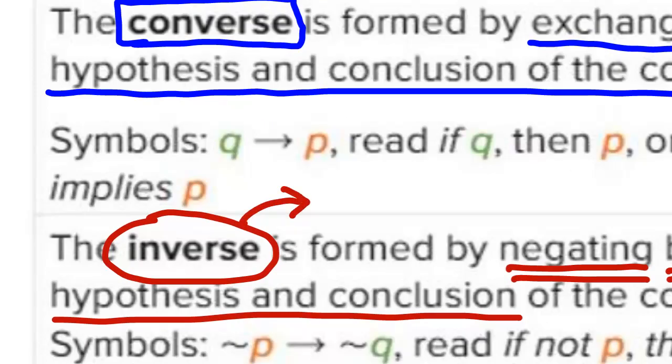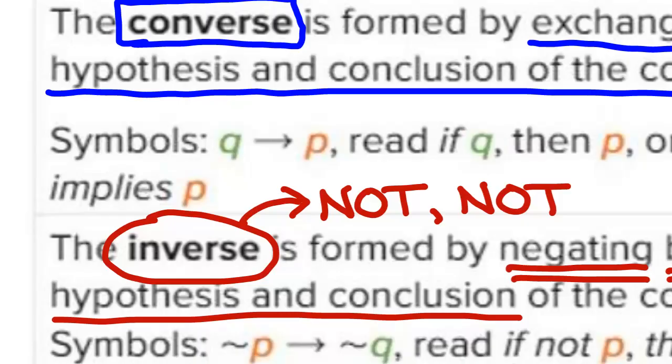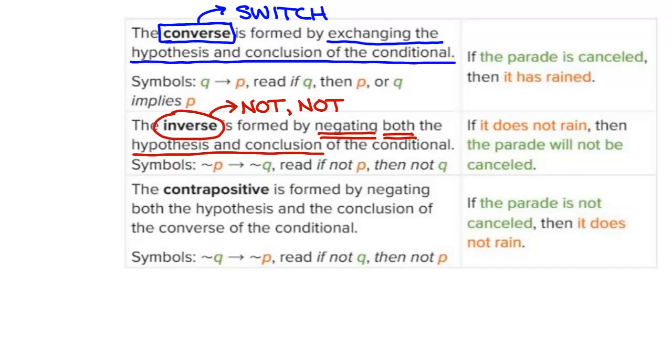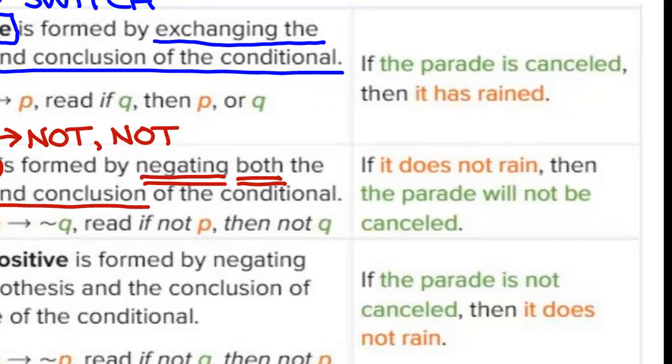So for the inverse, we leave things in its original order, but we put not with the hypothesis and not with the conclusion. So instead of if it rains, then the parade will be canceled, it becomes if it does not rain, then the parade will not be canceled. Looking at these nots here, this is what makes it the inverse.